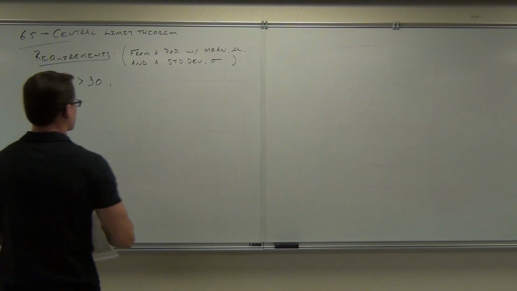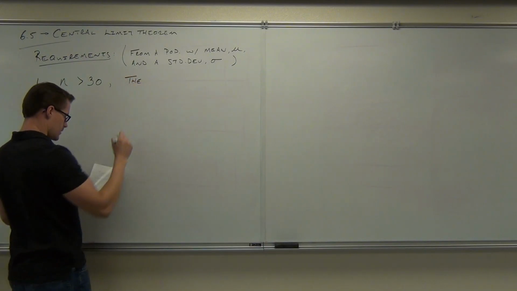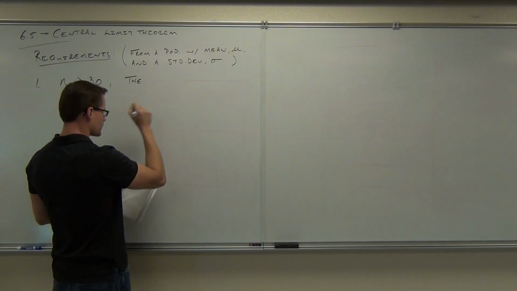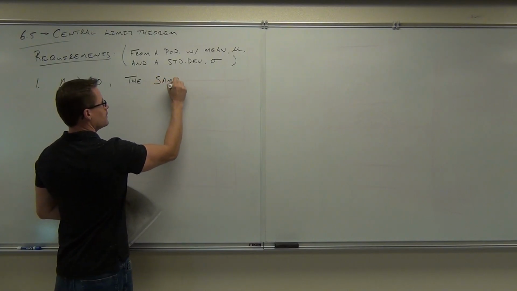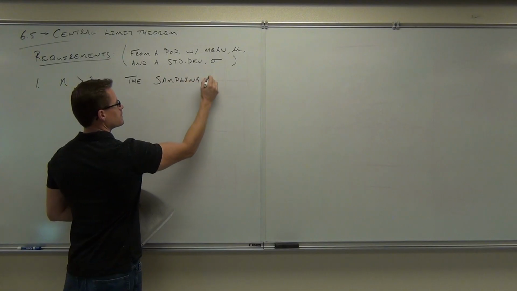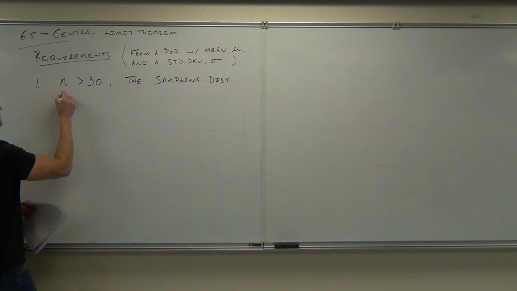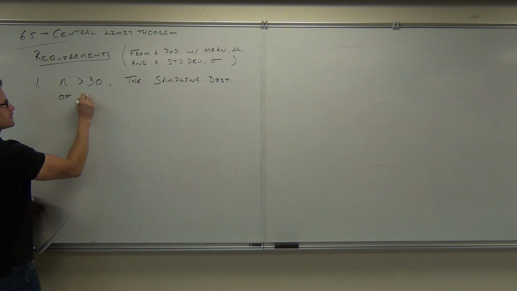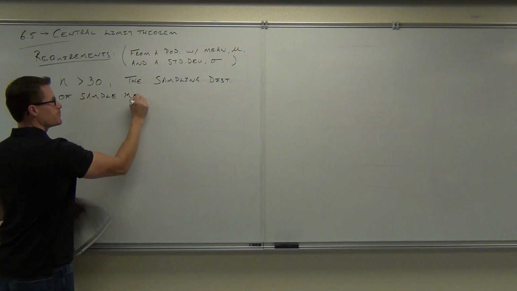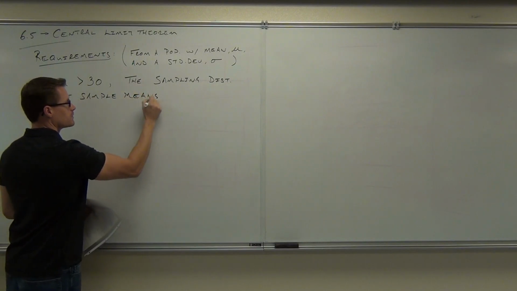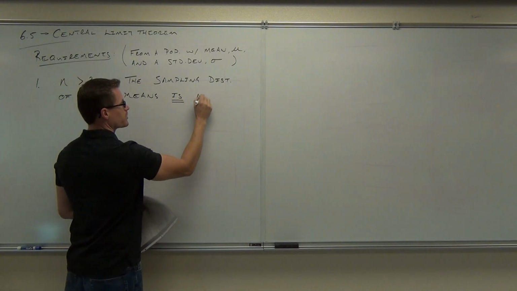So if n is greater than 30, the sampling distribution, that's what we talked about last time, of sample means, that's what you're finding, is a sample mean, is normally distributed.